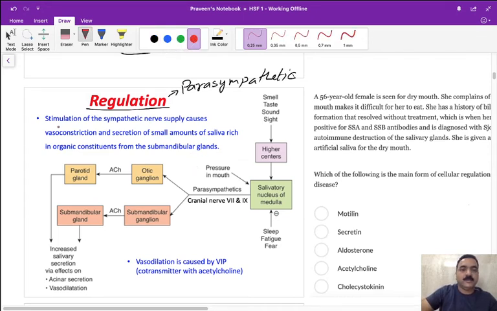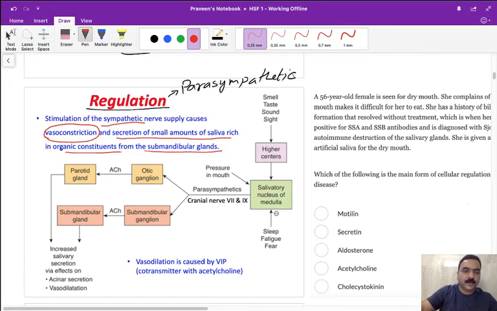Also remember, not only parasympathetic, there is an influence of the sympathetic. Sympathetic can also influence the salivary glands, not only the parasympathetic nerve supply. But what does the sympathetic do? Sympathetic causes vasoconstriction, and causes secretion of small amounts of saliva which is rich in organic constituents, that is the enzyme rich and the mucus rich, especially from the submandibular gland.